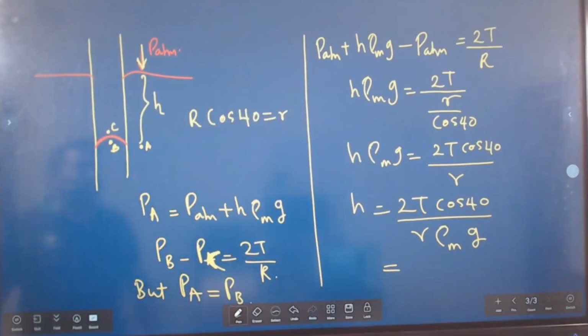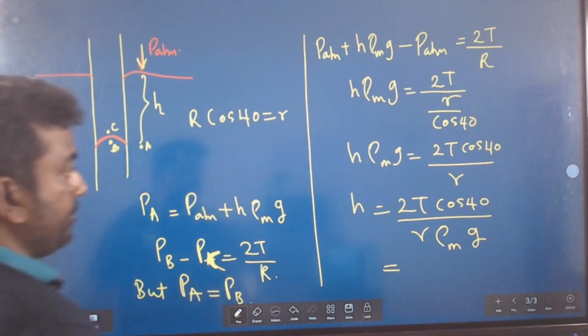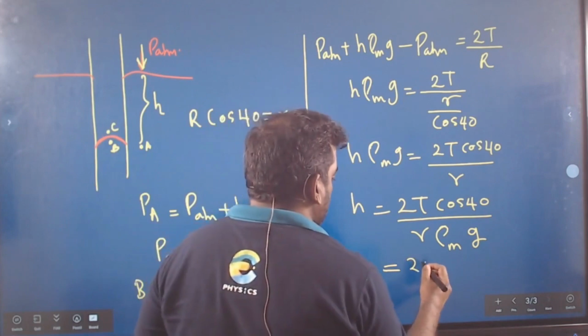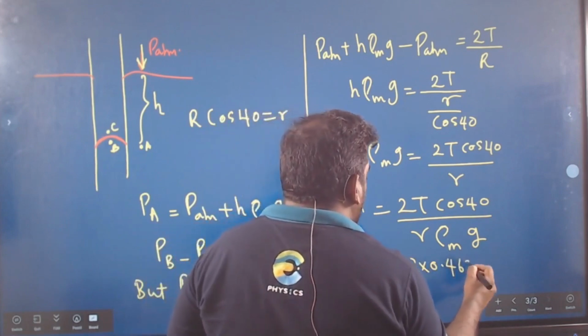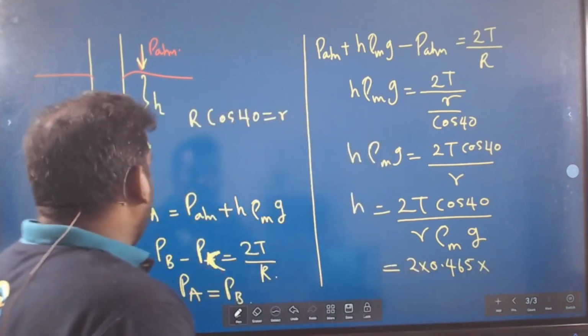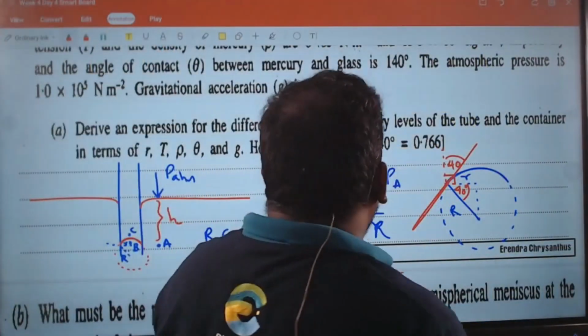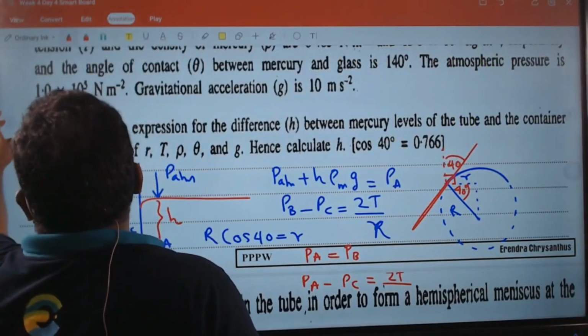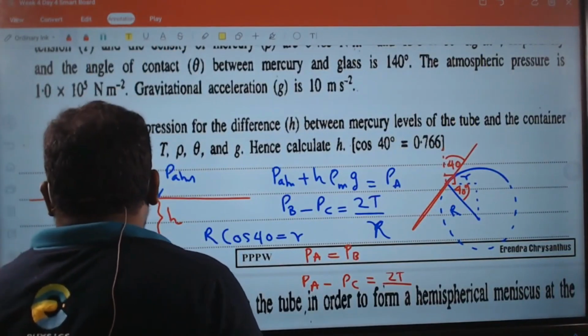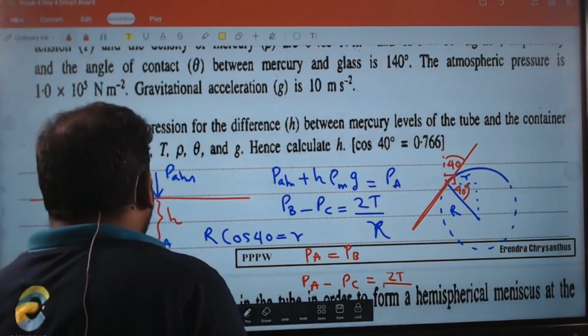Now carefully substitute. Surface tension of mercury is given, 0.465. What is cos 40? Cos 40 is 0.766.